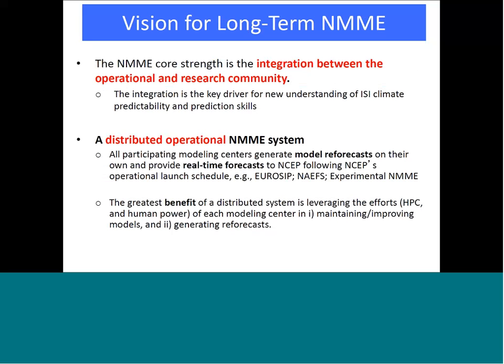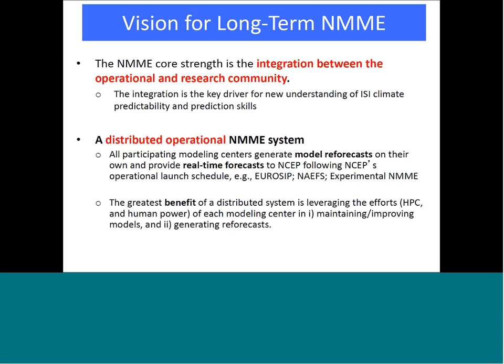Another difference between this NMME system and some other operational systems is that this system has some modeling centers from non-operational centers. So we want to continue this operational system in a distributed way.